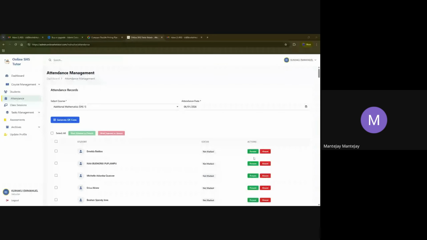I will ask the facilitators to help. So Emilia, are you here? Students, when you hear your name, you respond. Emilia Bedu. Absent.